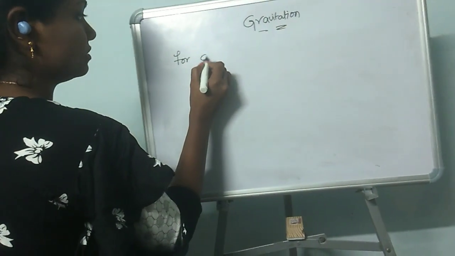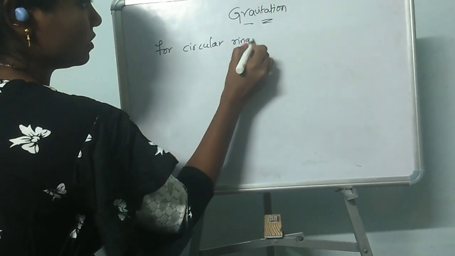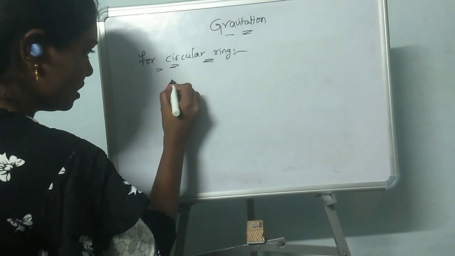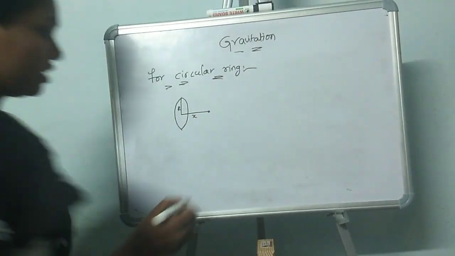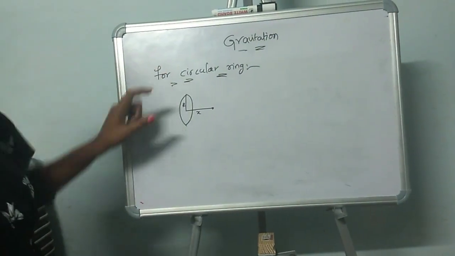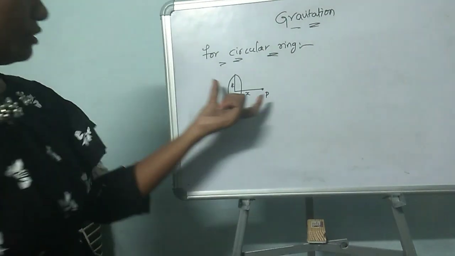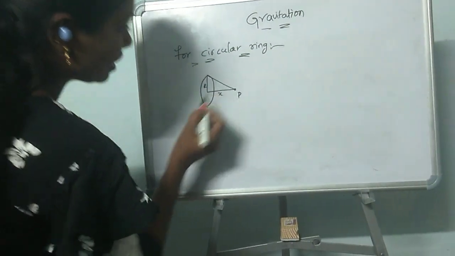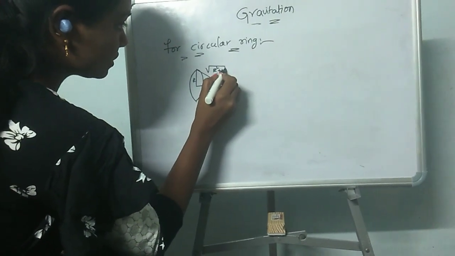A circular ring. The circular ring has radius r, and a point P is at a distance x from the center of the circular ring, which has a hypotenuse of under root r square plus x square.